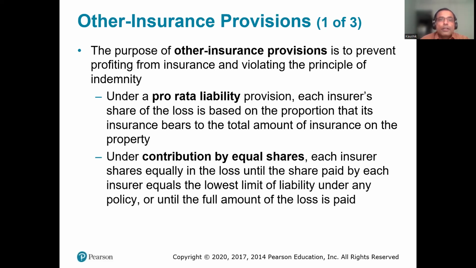Under the pro rata liability provision, each insurer will share the loss in the percentage of their contribution to the total insurance amount. And under contribution by equal shares, each insurer will pay equally up to the lowest limit of insurance cover. After that, the remaining amount is equally distributed among the remaining insurers.